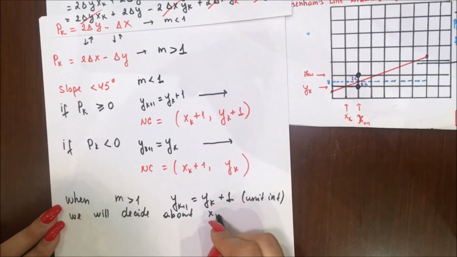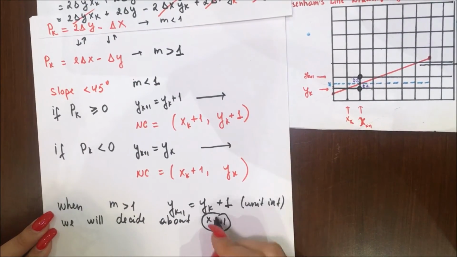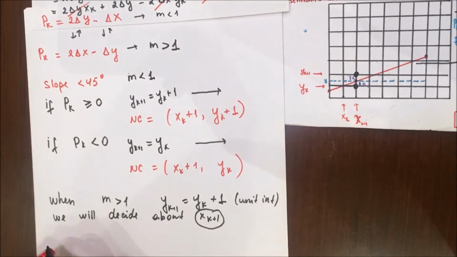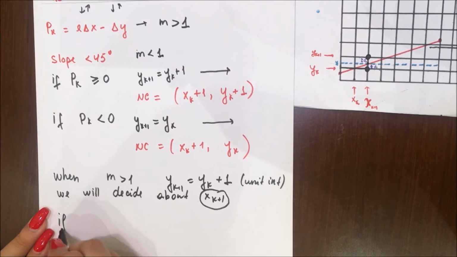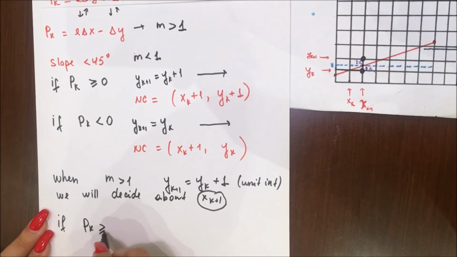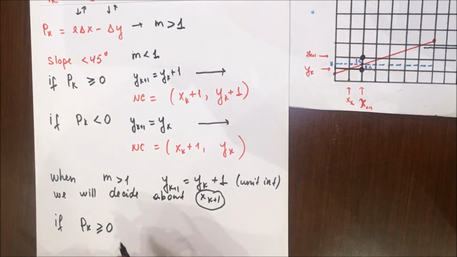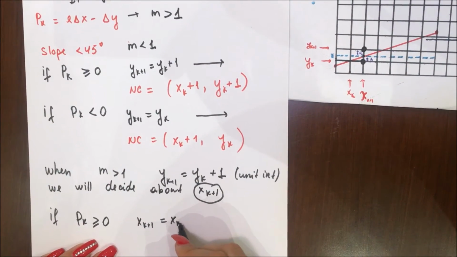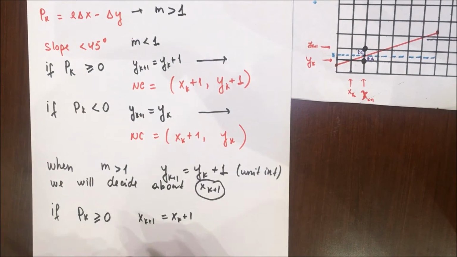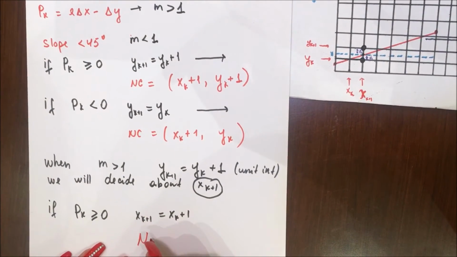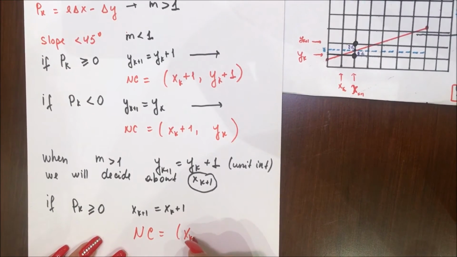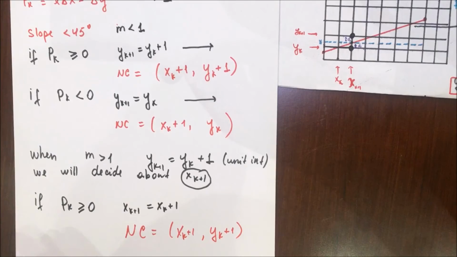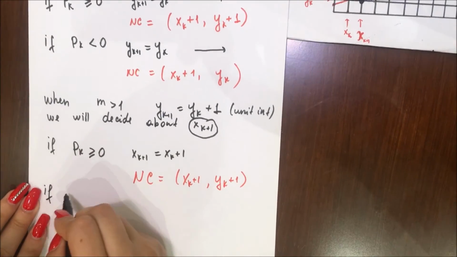Now let's see conditions. When slope is more than 1, if pk more than and equal 0, then the next coordinate of x will be xk plus 1. Next coordinates will be xk plus 1, yk plus 1.